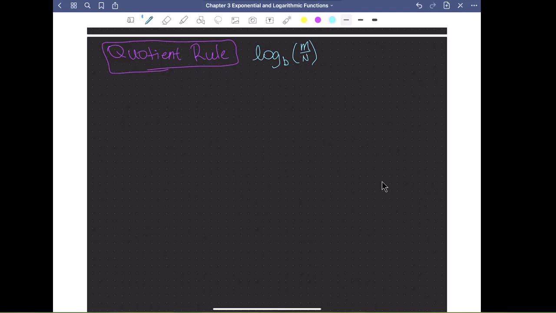If we think of exponents, when we're dividing, x to the 7th over x to the 3rd, we know that we subtract our exponents. So the same thing happens with logs. We'd have log base b of m minus log base b of n. Same rule applies if we have natural log. Okay? So we just have the natural log of m minus the natural log of n. Right?